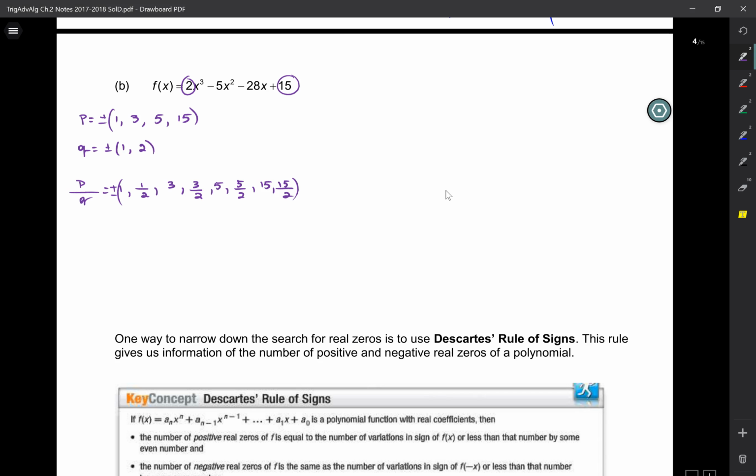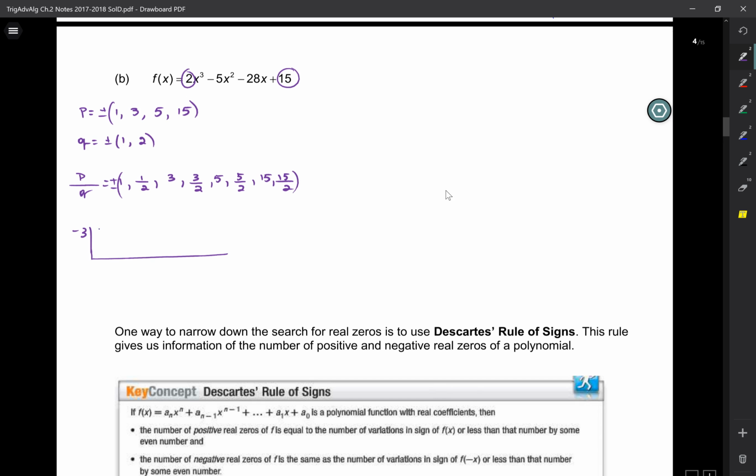So let's do negative 3. But like before, we would have had to try 1, negative 1, half, negative half, 3, negative 3 until we get one that works. Okay, so it's going to be 2, negative 5, negative 28, and 15. 2, negative 6, negative 11, 33, 5, negative 15, and I got 0.